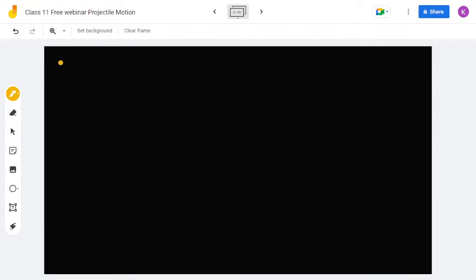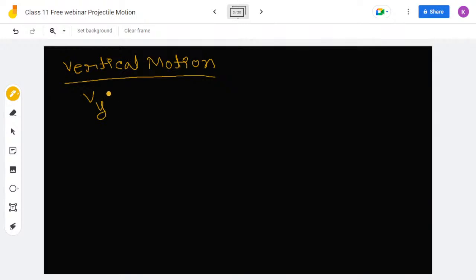Now let's talk about vertical motion. What happens in the vertical direction is, we know from equation of motion that v equal to u minus gt.